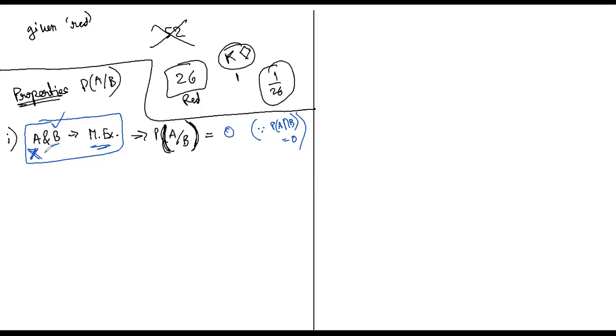They are two mutually exclusive events. So similarly, if it is told A and B are mutually exclusive and B has occurred, then take it for granted that A has not occurred. So the probability that A has occurred, given B occurring, is 0. समझ गया? Did you guys understand?